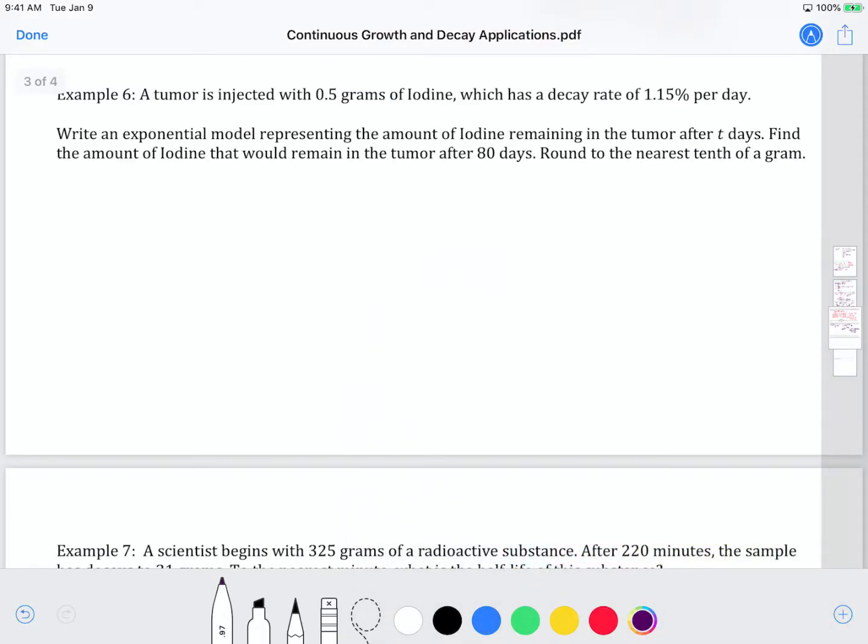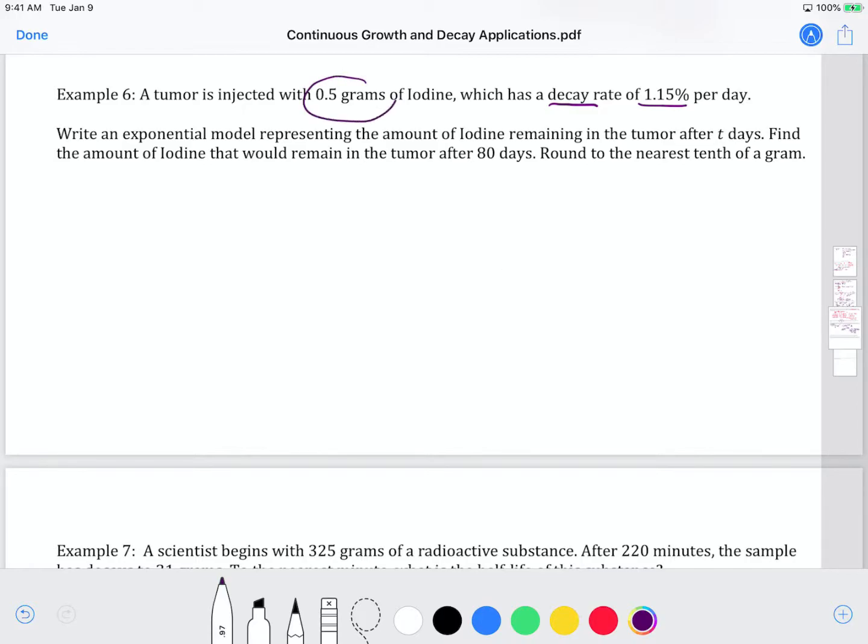Example 6 says the tumor is injected with 0.5 grams of iodine, which has a decay rate of 1.15% per day. Since this is decay, when I put this in for my rate, I want to make sure I put it in as a negative. It says write an exponential model representing the amount of iodine remaining in the tumor after T days.